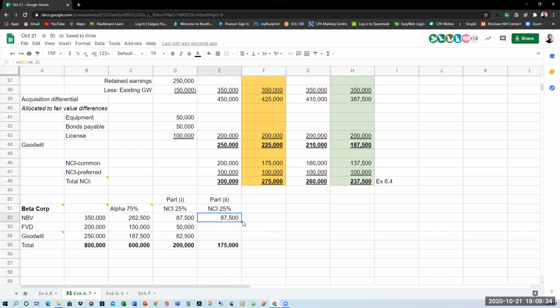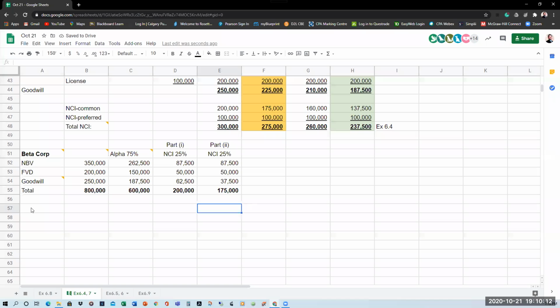Then we give them 25% of the fair value differences. And then whatever it takes to make the total equal 175,000. So how much is NCI's share of goodwill in part two? Out of 175,000, if I subtract 87,500 and 50,000, I'm left with 37,500.